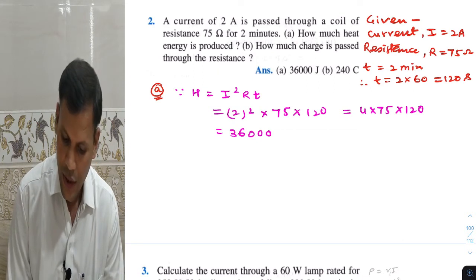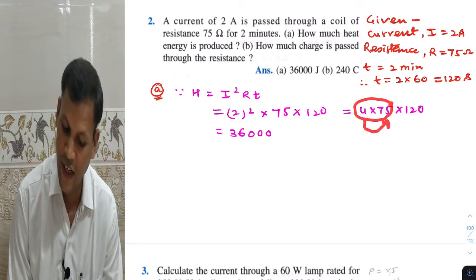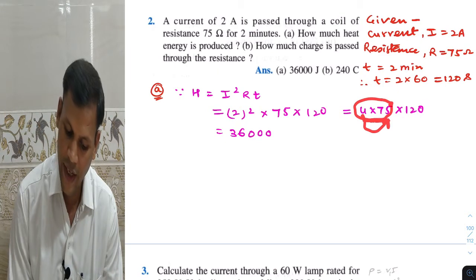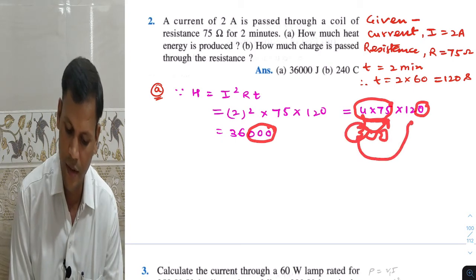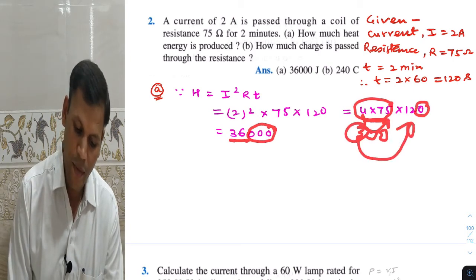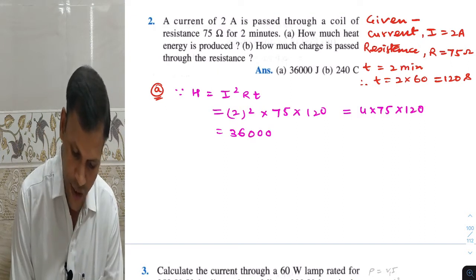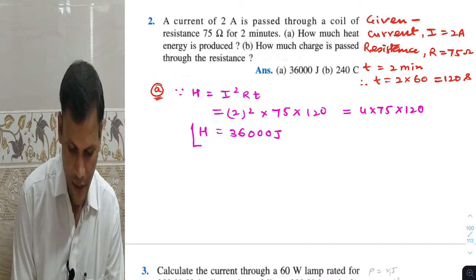I will tell you. 4 into 75 becomes 300, because 2 into 75 is 150 and twice that is 300. The 2 zeros of 300 and 1 zero of 120, so we have decided 3 zeros. What remains is 3 from 300, and 3 into 12 becomes 36. So that much joule. The unit of energy is joule. So that is the first part.